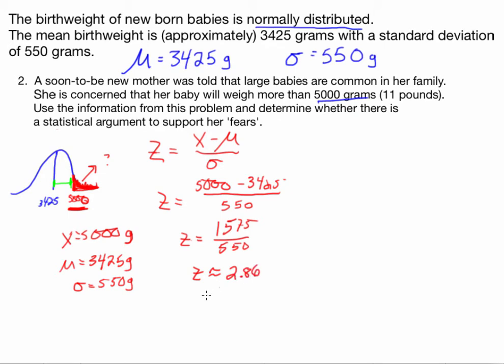This is telling you that the observation of 5,000 is 2.86 standard deviations away from the mean. That's how far this observation is from the mean.